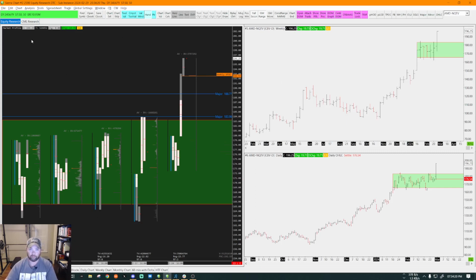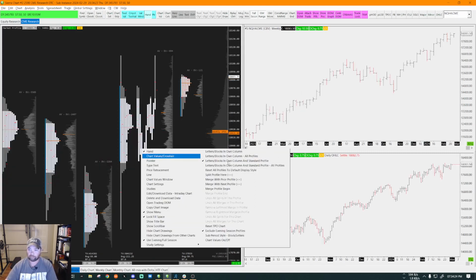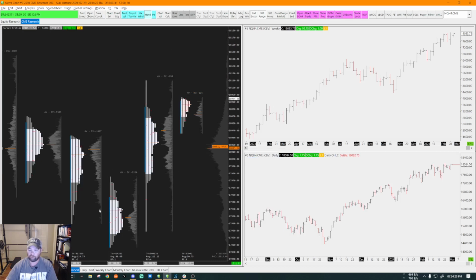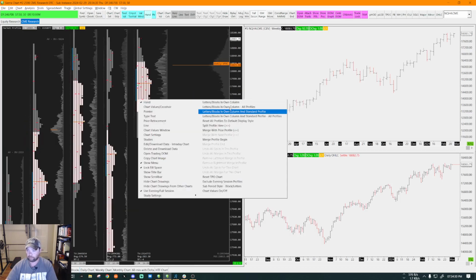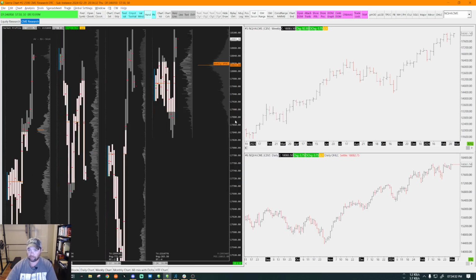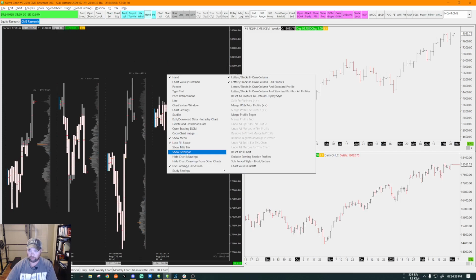Look at the indexes real quick. So this is ES, our weeklies. These are not weeklies. What's up with that?